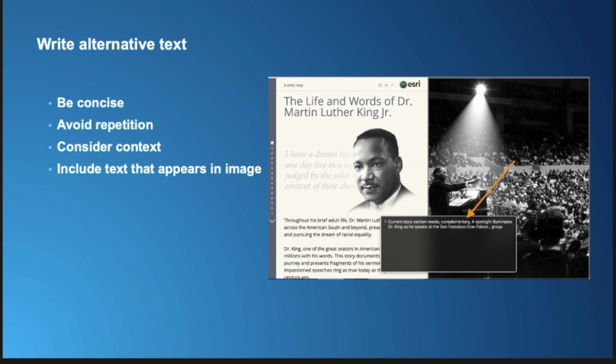So it tells you what's happening in the image without using words like "a picture of." It just gives useful information to somebody who's browsing through this story about what's happening in that picture content that they may not be able to read. So spend some time working on good alt text for that content that you add to make sure that your site is usable.